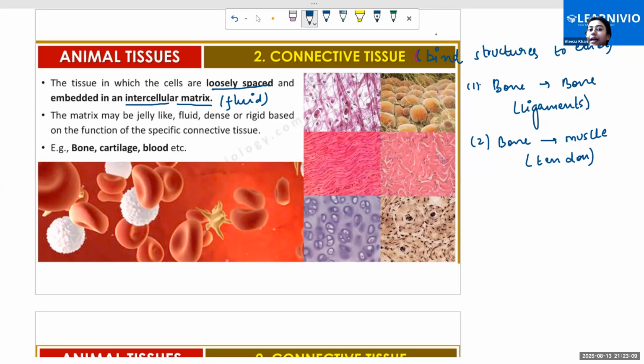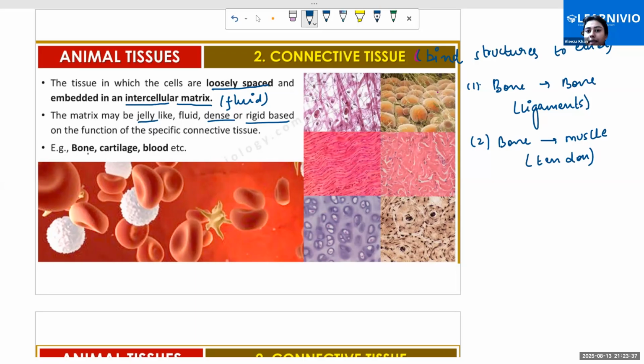Your connective tissues are present in the intercellular matrix, meaning the fluid which is between two cells. Now, as I said, matrix is the fluid substance. It is jelly-like, dense and rigid. Since it has to perform various functions, the nature is also dense.